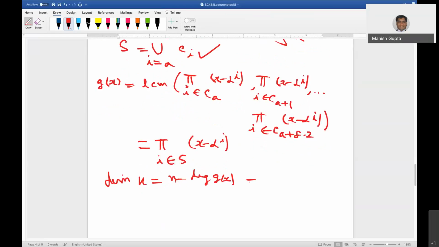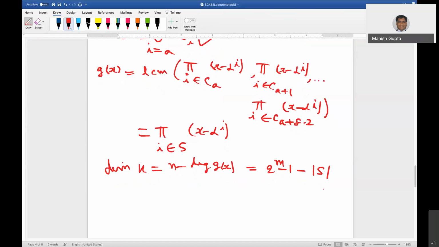Where n is q raised to power m minus 1, and degree of g(x) we know is the cardinality of S. Okay. So that is the basic thing. So that means dimension k is equal to q raised to power m minus 1 minus cardinality of the union over i equal to a to a plus delta minus 2 of Ci.